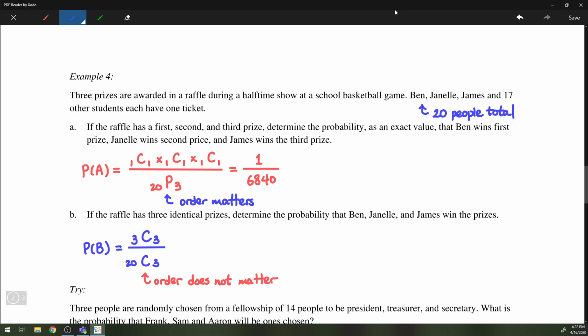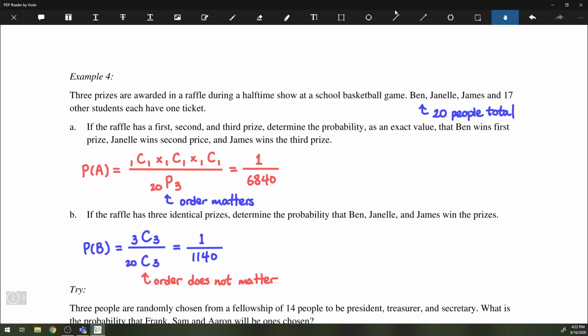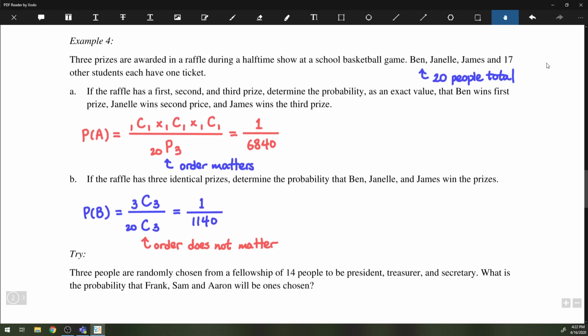Okay, so once you've figured that out, 3C3, that will give you 1. And then 20C3 will be 1140. So that's it. We're going to leave that one as an exact value as well. So let's move on to the next part.